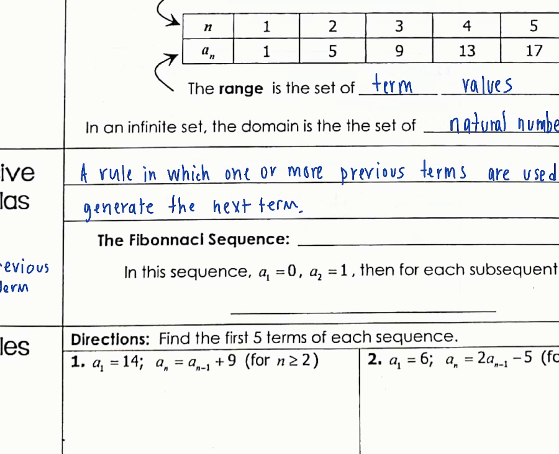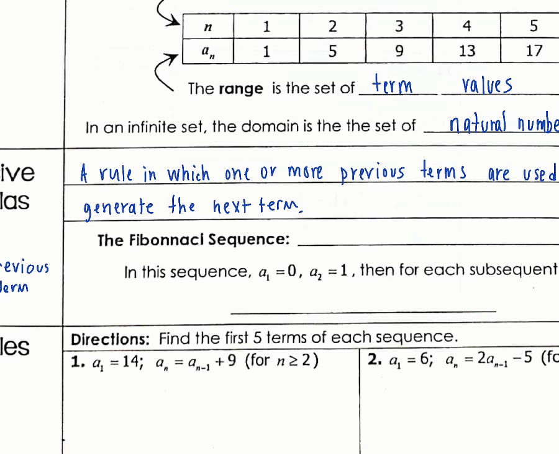There's another method that we're going to use in just a minute. It's called explicit formulas. Explicit formulas are different. You don't have to call on the previous term, okay? If I want to find the third term, I get to plug in 3. We'll talk about that one in just a second. But the recursive formula says, if I want to find the next term, I need to call on the previous term, or the previous terms, as we're going to talk about with this thing called the Fibonacci sequence.